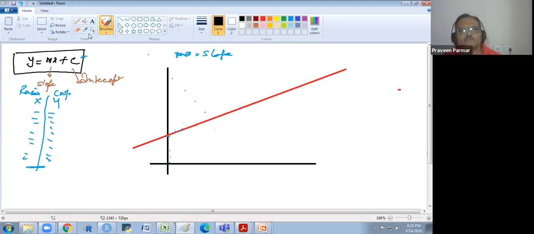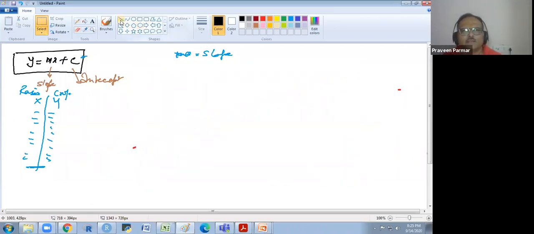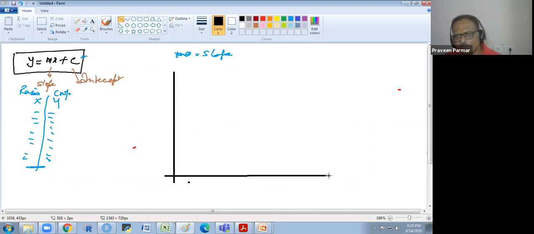First I remove this so it would be better, and again I draw the x and y axes only, so you won't get confused. If I plot a few points here, this is our rain on the x-axis, and this is our y-axis, the crop production.